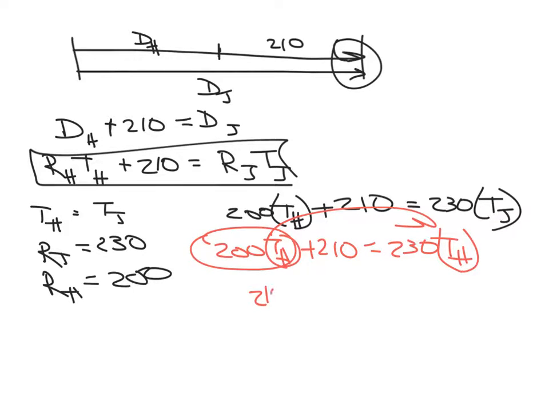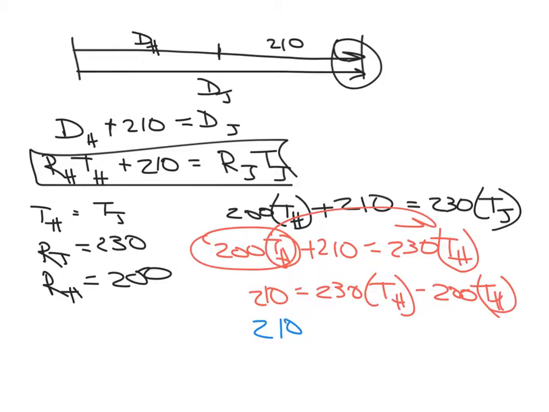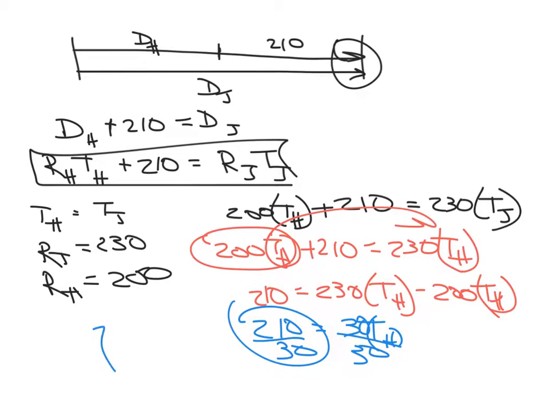So that gives me 210 equals 230 time of Harry minus 200 time of Harry, which gives me 30 time of Harry. Divided by 30, divided by 30, and 210 divided by 30 is 7.